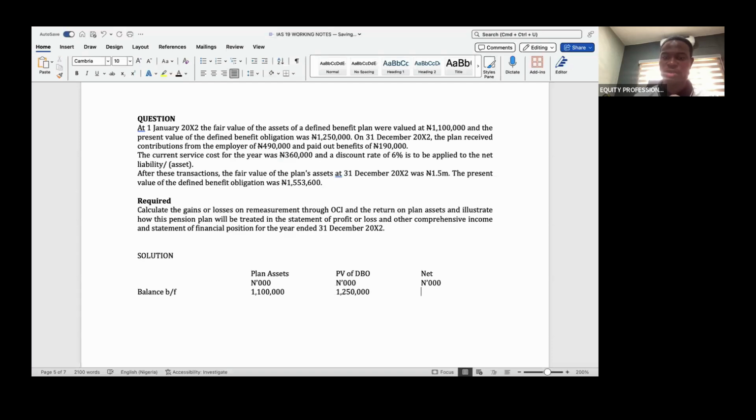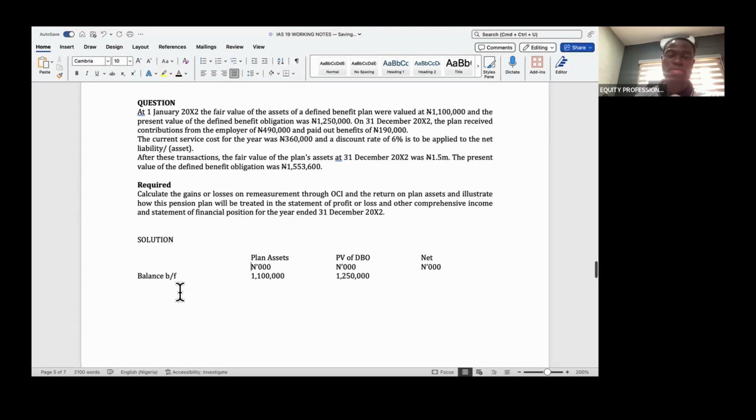So there's a net of how much? What's the difference? Is that not 150? So in this case, the obligation is higher. That's like a deficit. So let me put it net. But the reality is I don't really need nets here because this is opening. But at least I've captured this amount.